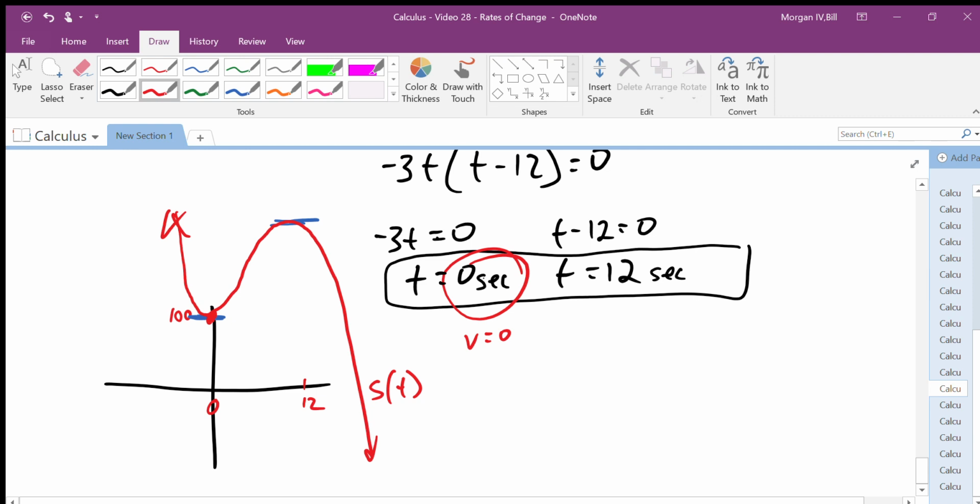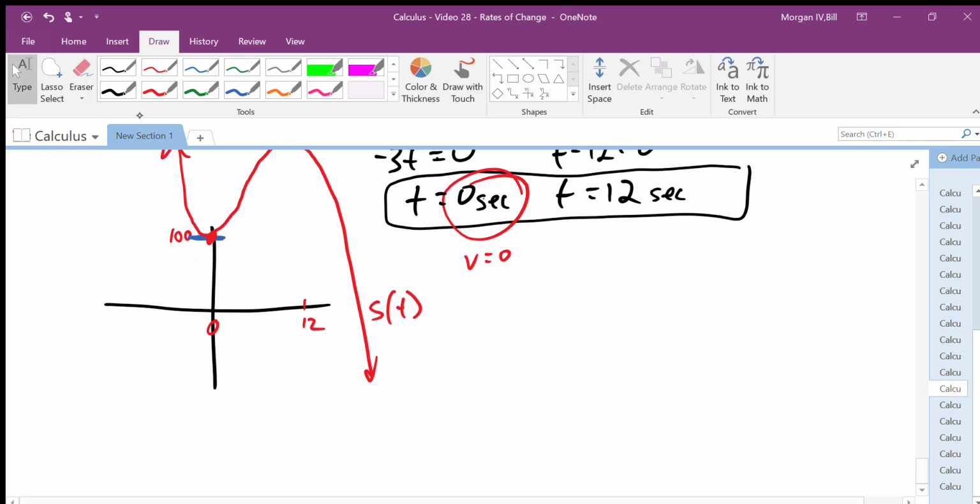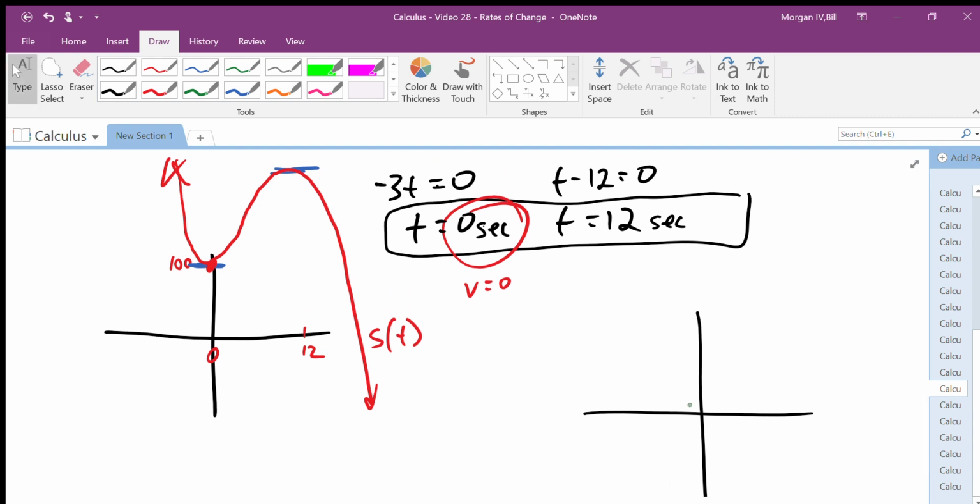If the position function is a degree 3 polynomial, then the velocity must be a degree 2 polynomial, because the velocity is the derivative of the position. You're taking the derivative with the power rule, bringing the exponent down and subtracting 1 from the exponent. So a degree 3 goes to a degree 2. If we were to draw the velocity function, v of t, we would see that v of t is equal to 0 at 0. v of t is equal to 0 at 12.